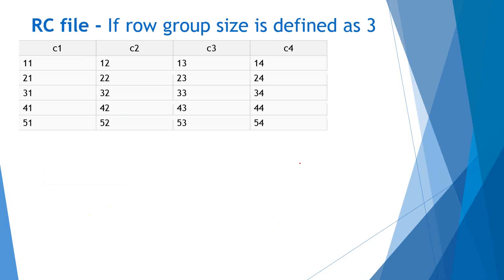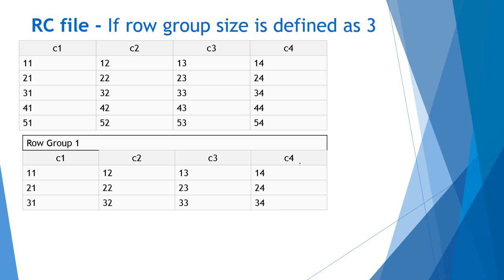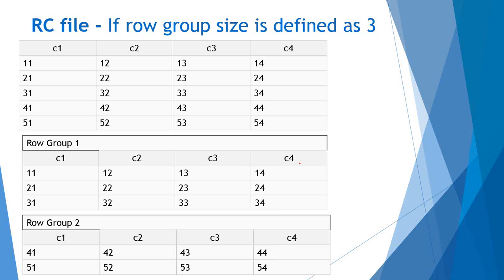Let's look into this. Say if this is my table, they create row groups. The row group size is all configurable. Here I am saying the row group size would be 4. So 4 rows will be vertically partitioned, and another group of 4 will again be vertically partitioned. So this is how your data is really stored. We create blocks of rows, and we break those rows vertically and store them.